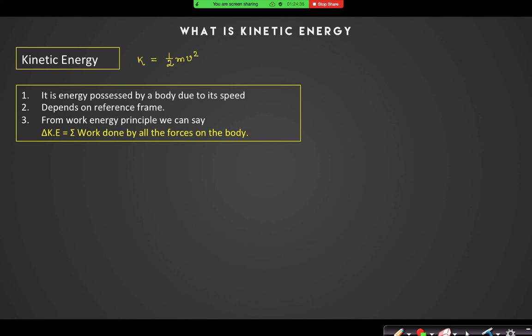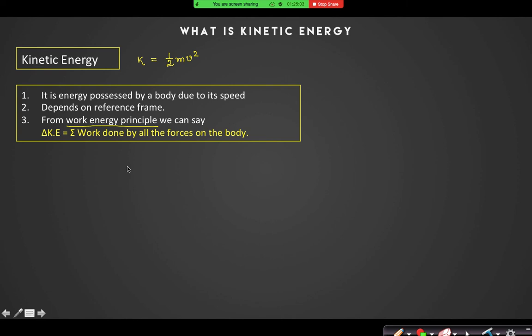Why does kinetic energy depend on the reference frame? Because mass is independent but speed depends on the reference frame. That is why kinetic energy also depends on the reference frame. Now there is another very important law for kinetic energy, known as the work energy principle.